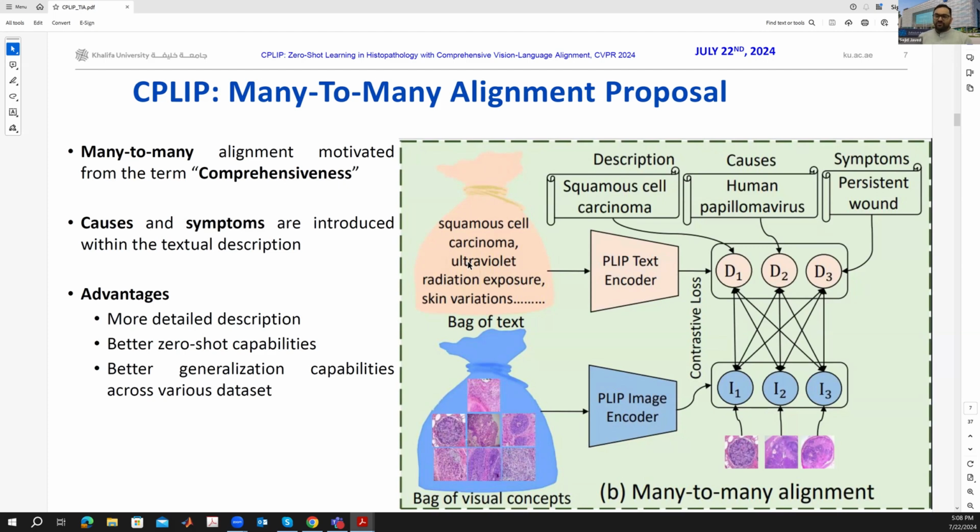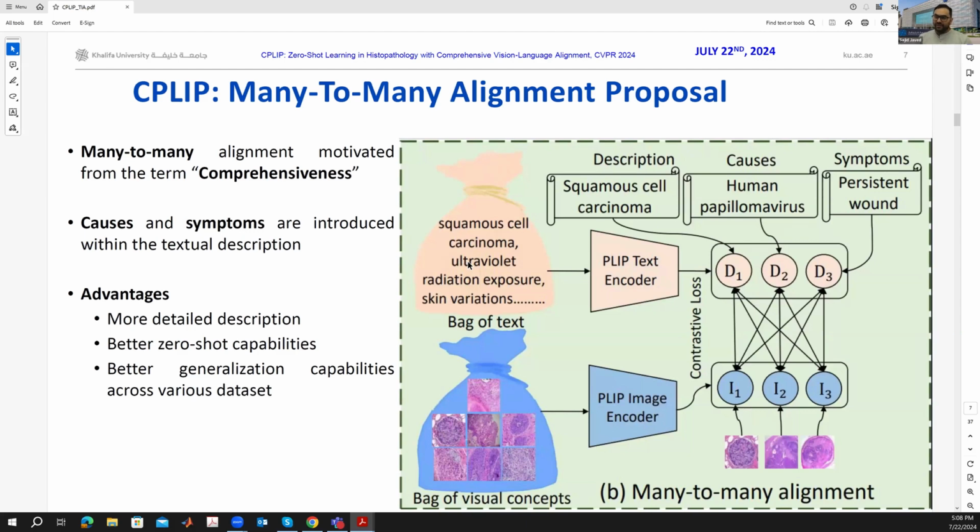The description is not the only clue the expert pathologists look at to diagnose any kind of cancer or grade the cancer. In fact, causes and symptoms can play a very vital role in training your vision language model. Here, the causes and symptoms can further be enforced within the description of each histology image to make the generalization capabilities of your computational pathology model stronger.